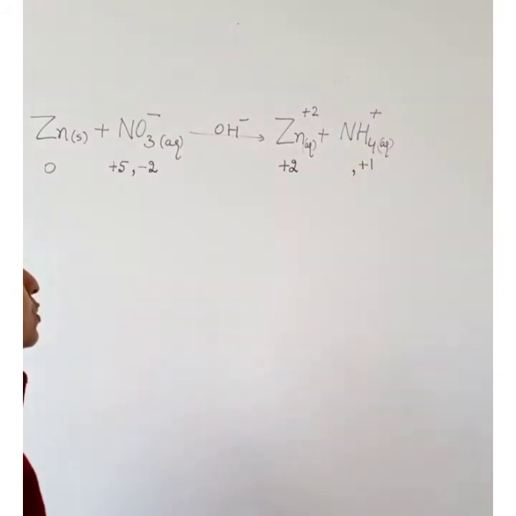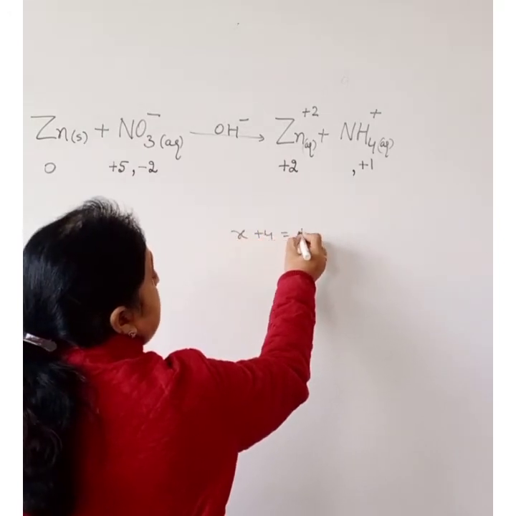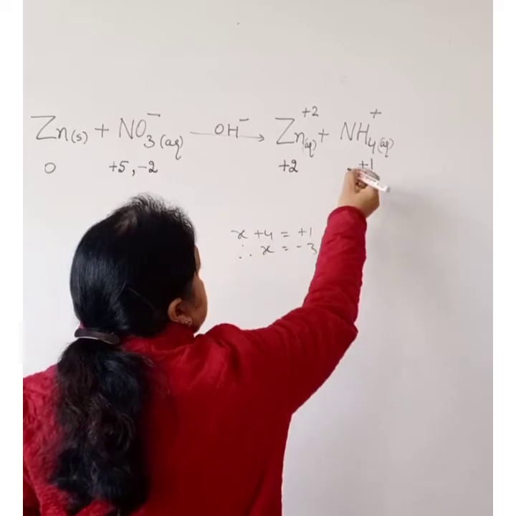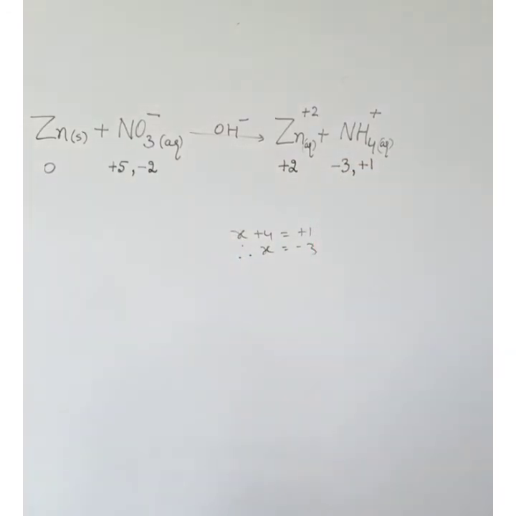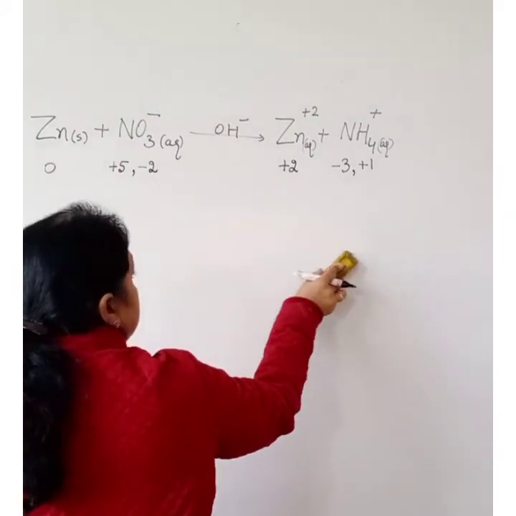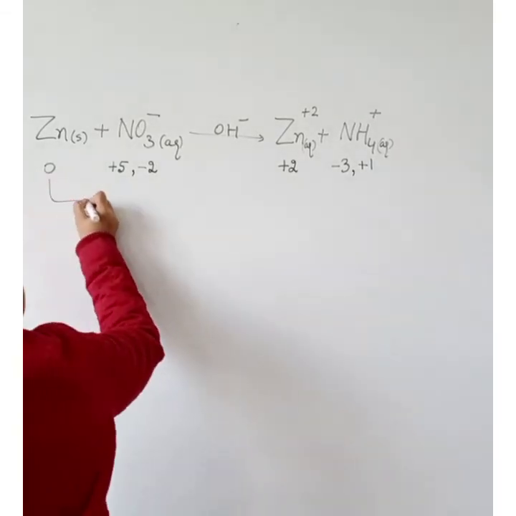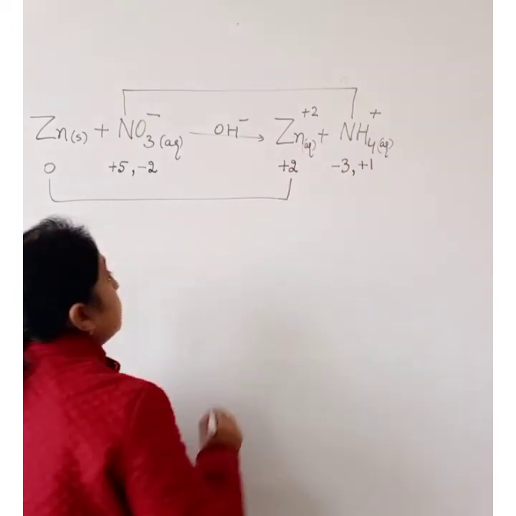And for nitrogen we can find out X plus 4 is equal to plus 1, therefore X is equal to minus 3. So we are getting the oxidation number of nitrogen here as minus 3. Now find out the atoms undergoing change in oxidation number. So I am connecting zinc with zinc and nitrogen with nitrogen.